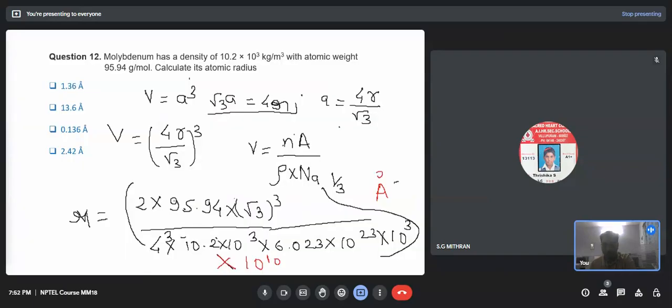So our answer will be option A. After calculation it will come 1.36 angstrom.